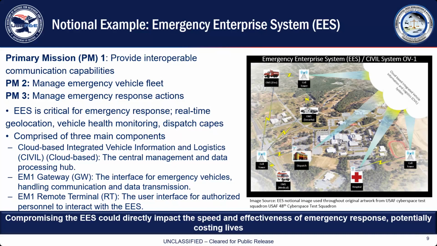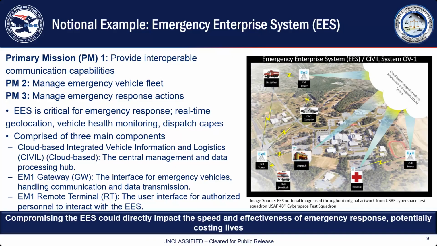So you have the cloud-based integrated vehicle information and logistics data processing and management hub, or CIVIL, which communicates over cellular with the EM1 gateway units. Those emergency management gateway units enable the remote terminals to support authorized users.